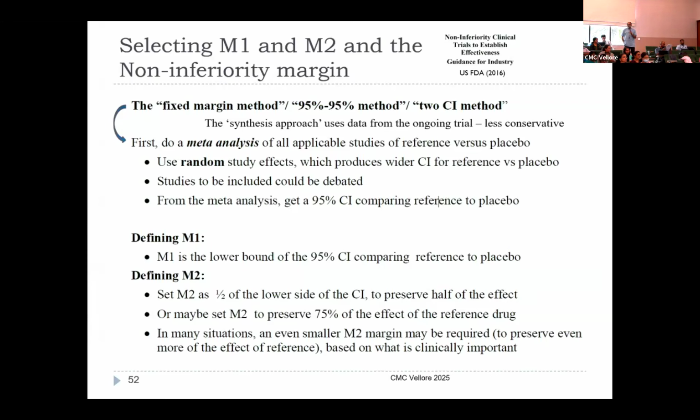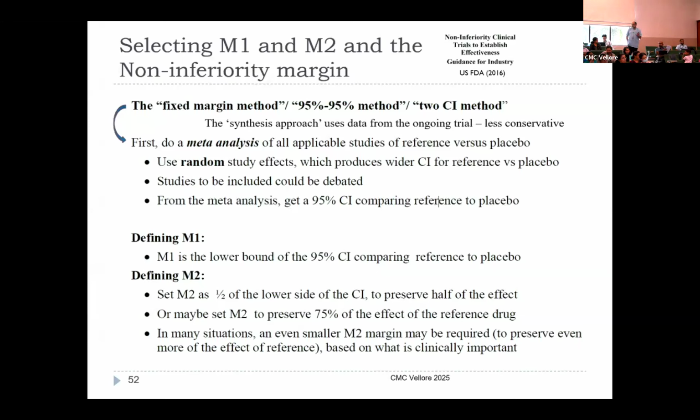As I said before lunch, if you are contemplating doing a non-inferiority study for a device, for a drug, for anything that is going to be regulated by the Indian Council of Medical Research or any other group that you're working with, I strongly advise you to consult with them and see if the margin you're choosing is one they will accept.